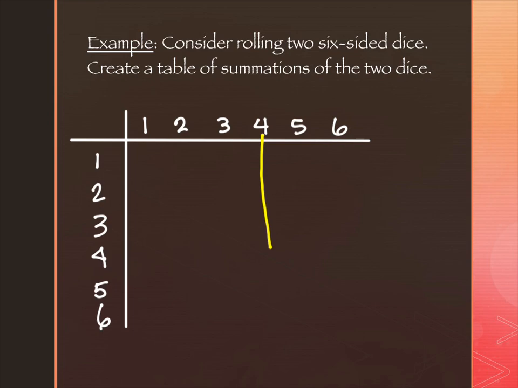Now, I'm not going to do it arbitrarily, because there are very nice patterns that show up that make this easier to do. Take a look at the first line. This first line takes the number 1 on row 1 and adds it to the 1, 2, 3, 4, 5, and 6, which means that 1 plus 1 is a 2, 1 plus 2 is a 3, 1 plus 3 is a 4, and then you have 5, 6, and 7.